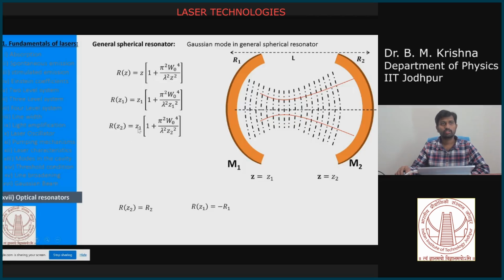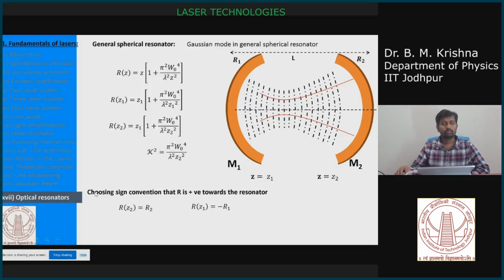There is a typo here: R of Z2 equals Z2 into 1 plus pi square omega naught power 4 over lambda square Z2 square. I will define K square as pi square omega naught power 4 over lambda square. So K1 square means this whole factor for Z1, and K2 square means this whole factor for Z2.